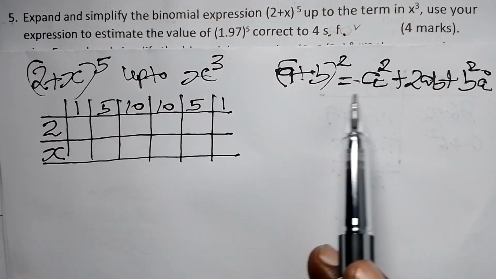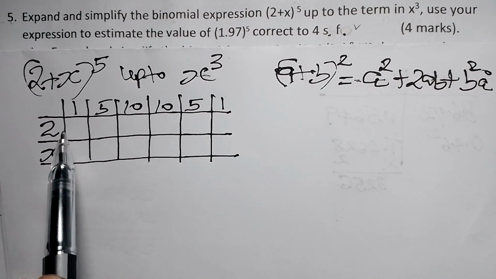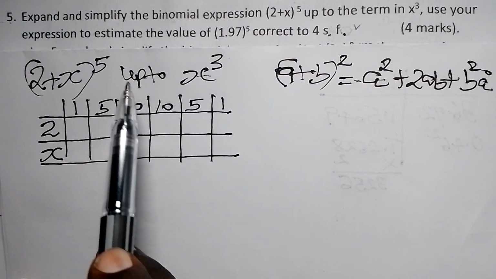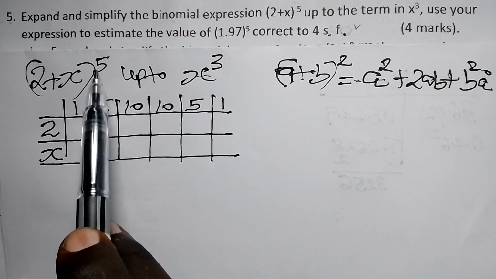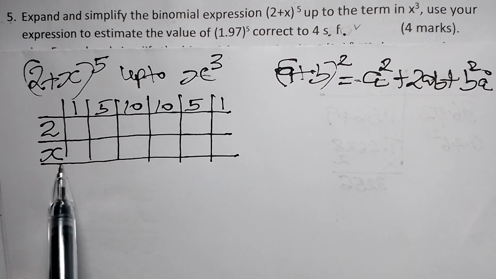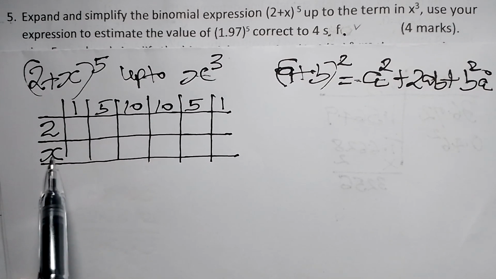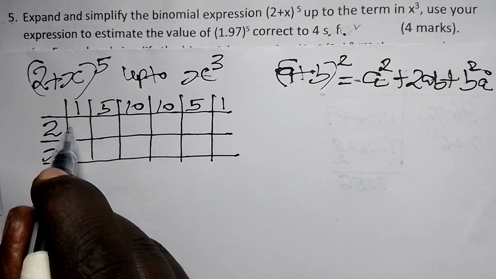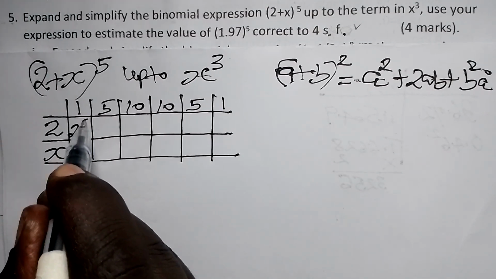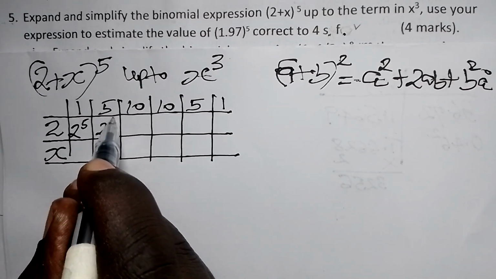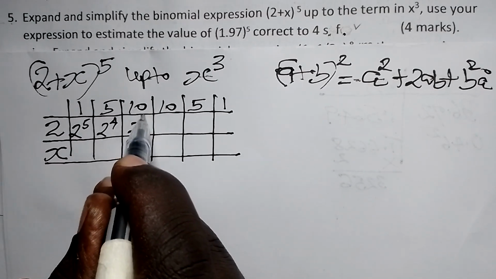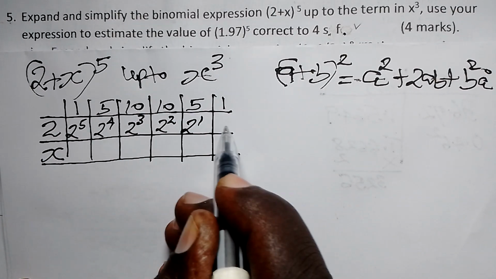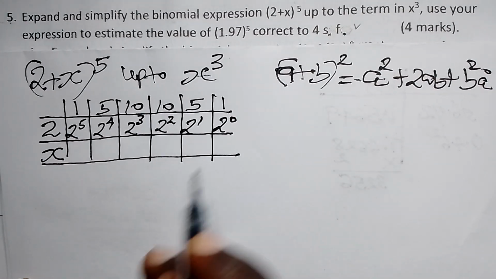The powers of the first term decrease from power 5, and the powers of the second term will increase from 0 to power 5. So we'll write 2 power 5, 2 power 4, 2 power 3, 2 squared, 2 power 1, and then 2 power 0.